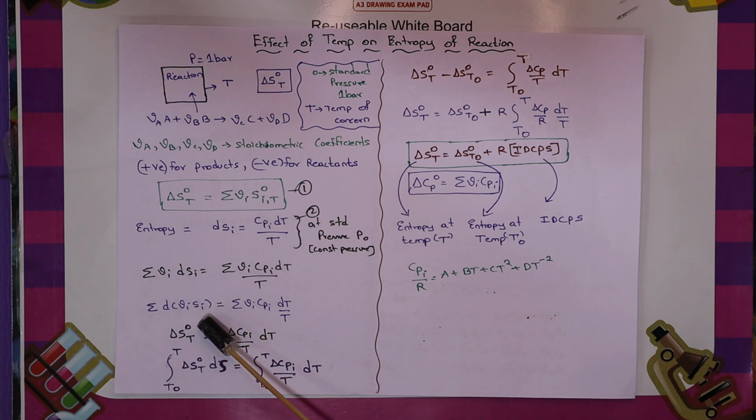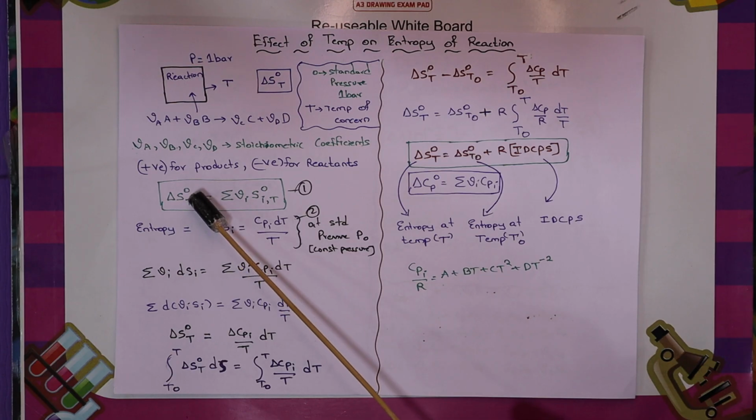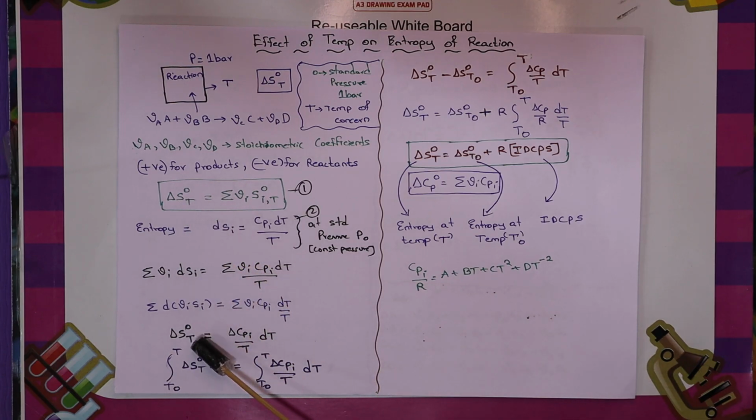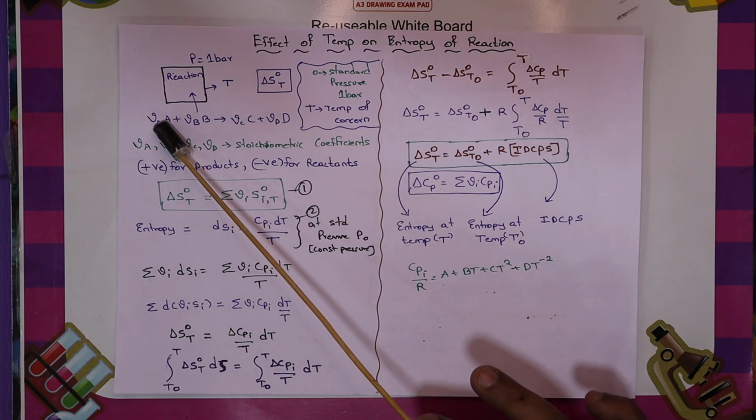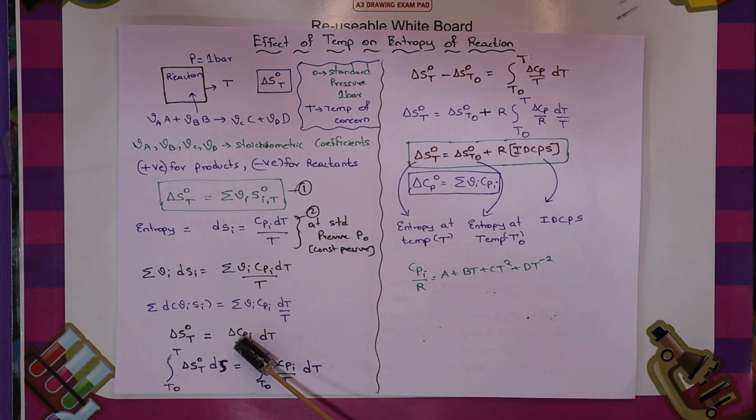Sigma d of nu i S i equal to sigma nu i into Cp i into dT by T. And we already know sigma nu i S i is nothing but the change in entropy of the reaction. So in place of this, substitute delta S T degree. Sigma nu i Cp i means summation of all the Cp of the molecules involved in the reaction. In the summation over all the molecules, generally nu i is positive for the products and negative for the reactants, and you can club sigma nu i into Cp i, which is nothing but delta Cp.